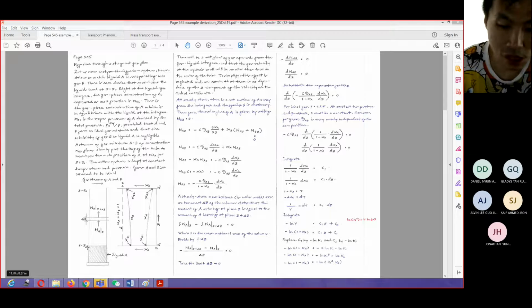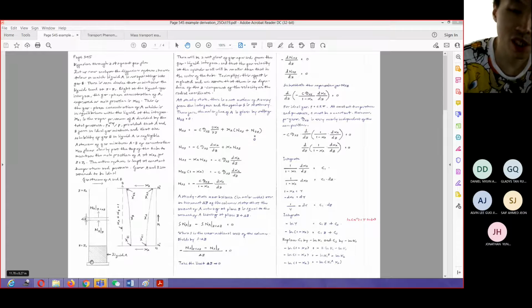But let's say that we are dealing in terms of minutes. If we choose a liquid A that has a very small evaporation rate, then on the scale of minutes we can assume that Z equals Z1 is constant.